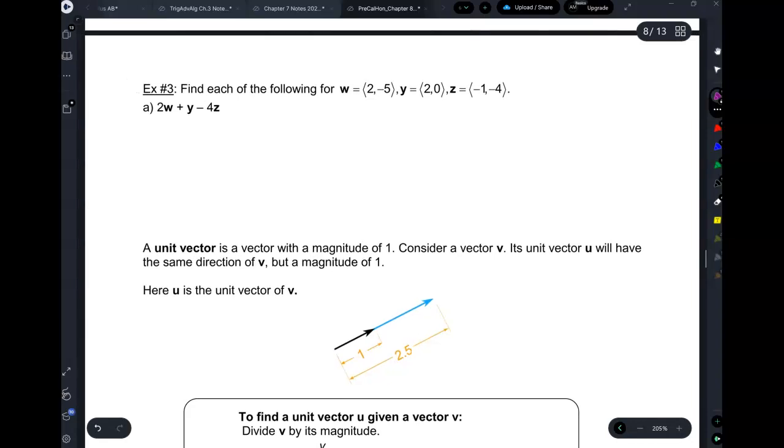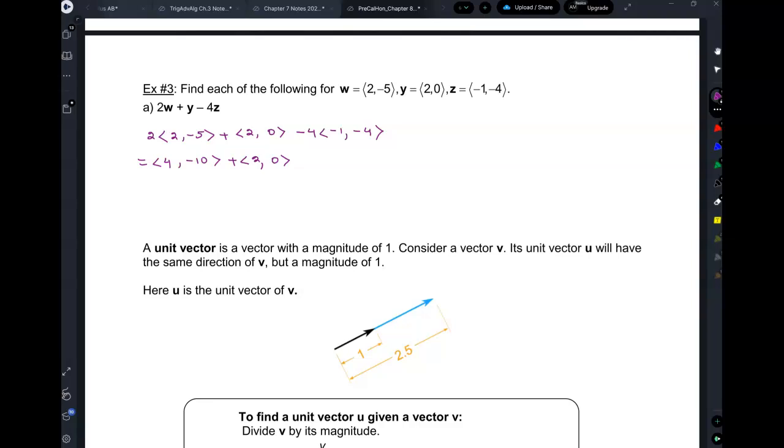So here we have vectors w, y, and z. We're going to find 2w plus y minus 4z. So this is 2 times vector w, plus y, minus 4 times z. When you distribute, this is 4 comma negative 10, 2 comma 0.